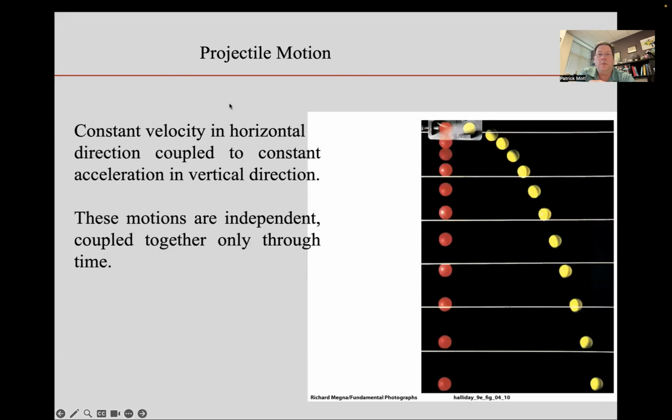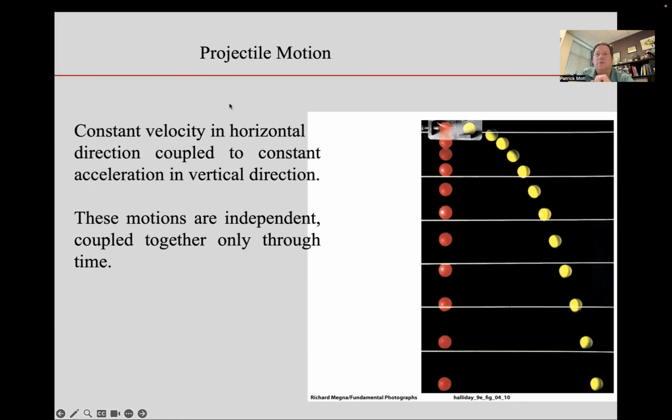Most difficulty that people have with understanding projectile motion comes from wrapping your head around the idea that the motion in those two spatial dimensions is completely independent of one another. When I throw a ball horizontally, it doesn't want to stay in the air longer because I threw it.